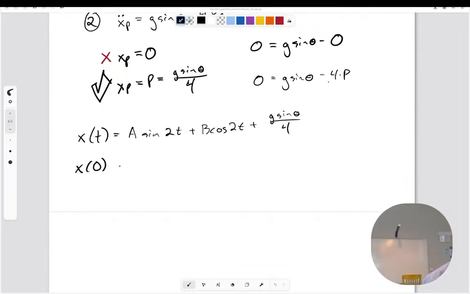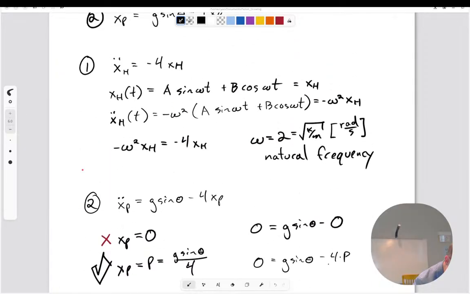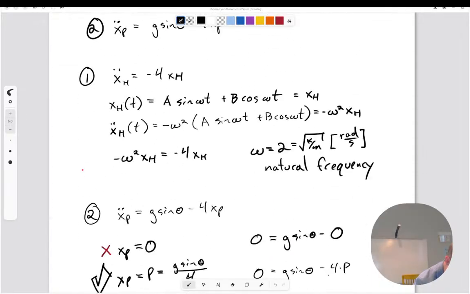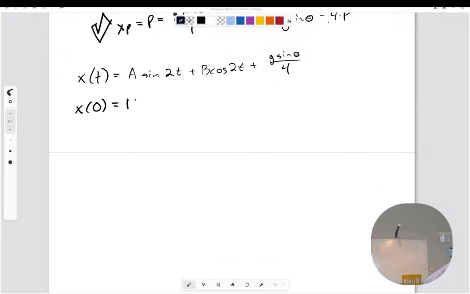So x of 0 is 1 meter. X dot of 0 is 2 meters per second. What's the sine of 2 times 0? 0. What's cosine of 2 times 0? 1.